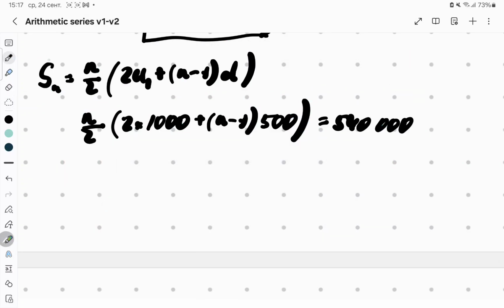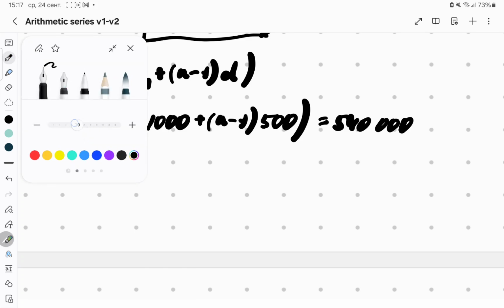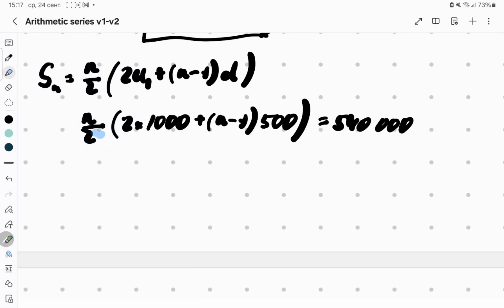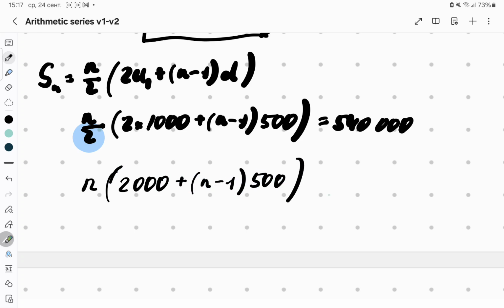My suggestion is to move the 2 to the right side. So let's multiply both sides by 2, and we will get n times (2000 plus (n minus 1) times 500) equals 1,080,000.